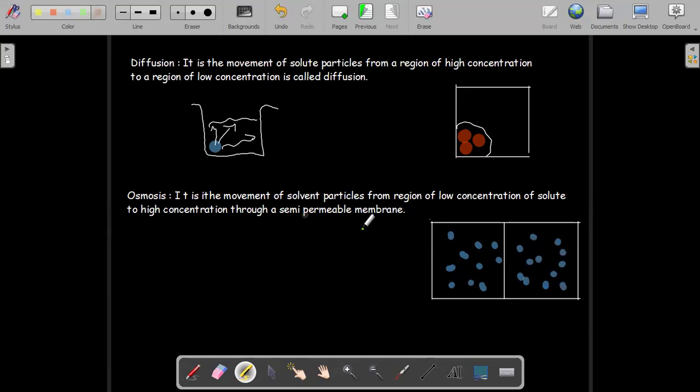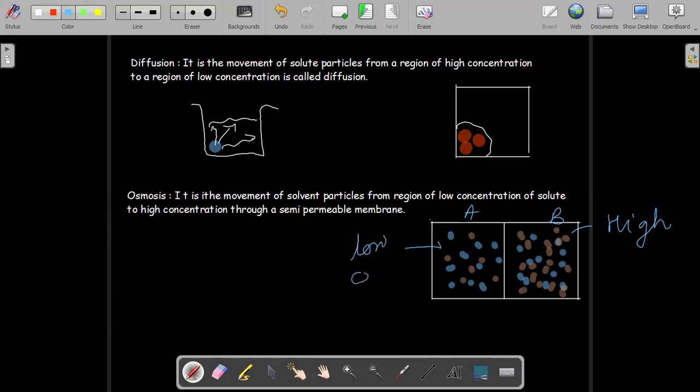Let's say these are some solute particles, and here you have a lot of solute particles. If I compare the two sides, let this side be side A and this be side B. It can clearly be observed that on side B, the solute has a high concentration, and on side A, the solute has a low concentration. Right?